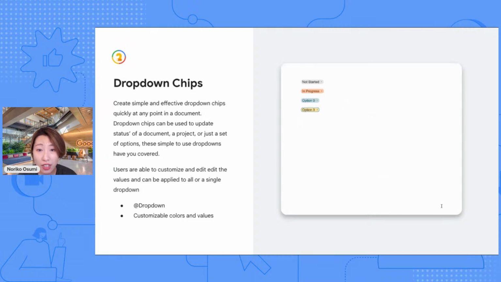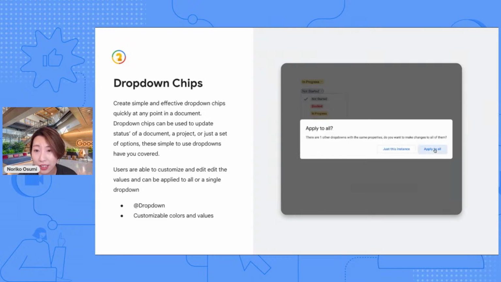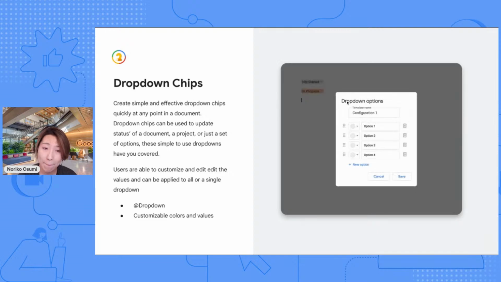You can add more. I think it depends upon some of the default chips that we have. Things like project status will default to a certain set, but you can always add, or you can always edit. You can change the color, and you can make this whatever you actually need it to be to accomplish the things that you need to get done.